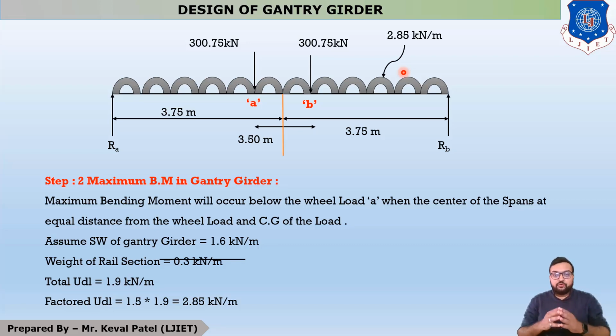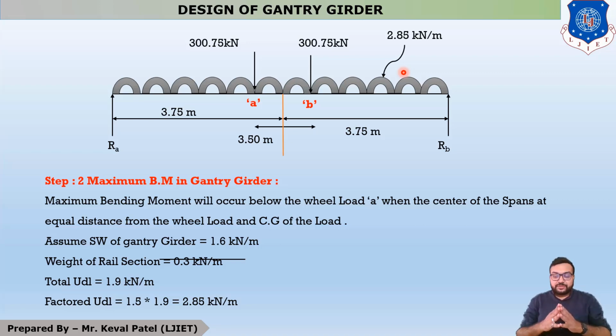Now b by 4 is the wheelbase divided by 4 from the center of the span of the gantry girder. It means your span of gantry girder is 7.5 meter. Now the center of gantry girder is 3.75 meter. So your one wheel is at a distance of b by 4, it means the wheelbase divided by 4.